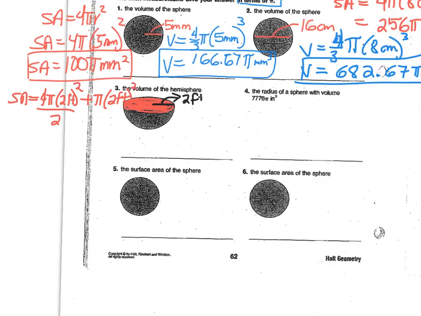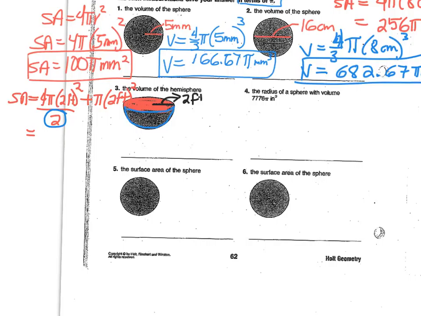Everybody okay with that? So when we have 4 pi 2 squared, divided by 2, it's basically 2 circles, plus 1 more, so it's going to be like 3 circles together. I divided by 2 because it's just half of a sphere.